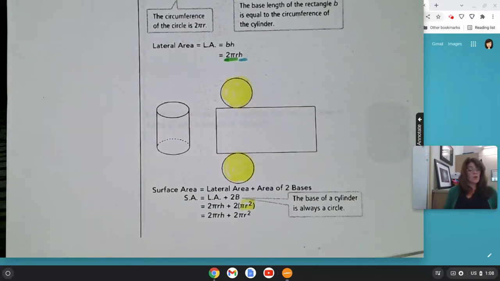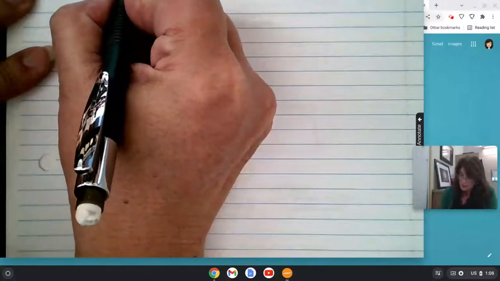There are 2 good ways, in my opinion, and they're both listed in your textbook, to do surface area like this. And we're going to use a very common object in order to do it. I have here a cylinder of cleaning wipes, something we use a lot. I want you to be drawing this in your notebook.